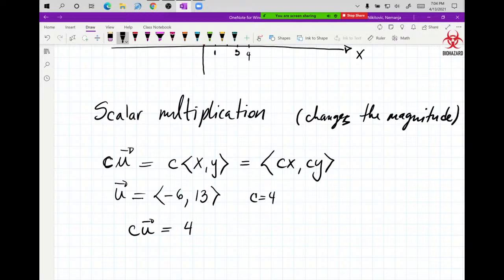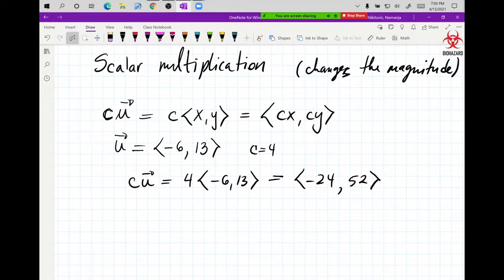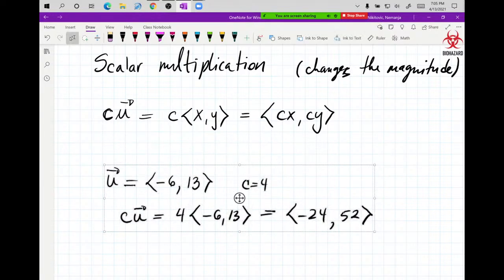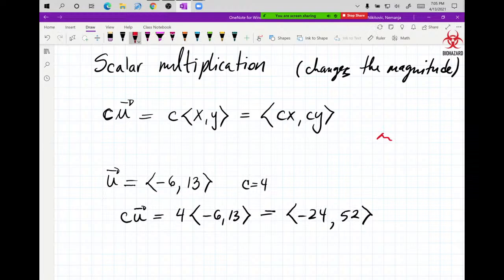And that would be 4 times -6, 13, which is -24, 52. I gotta move this a little bit down. I didn't box anything over here, it's terrible. There we go. So scalar multiplication.